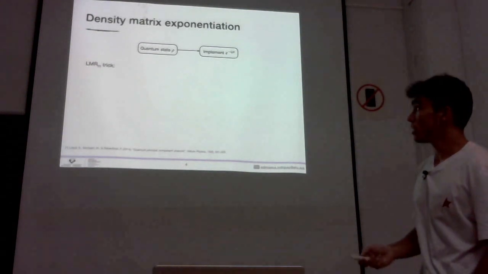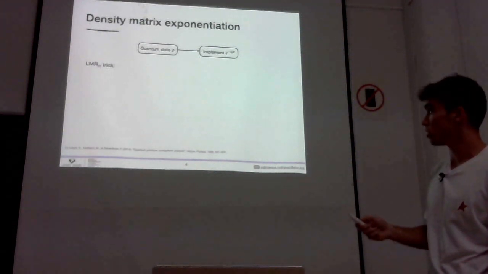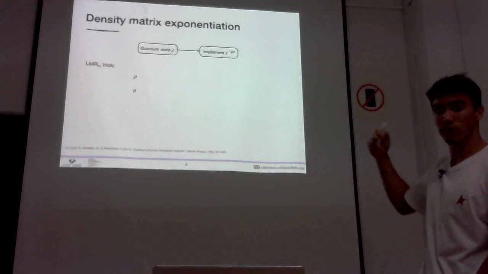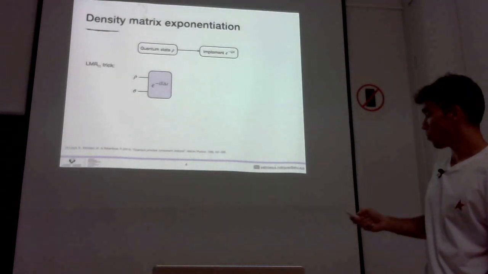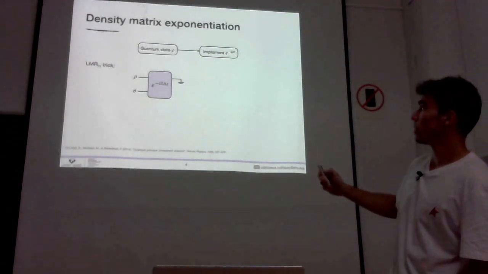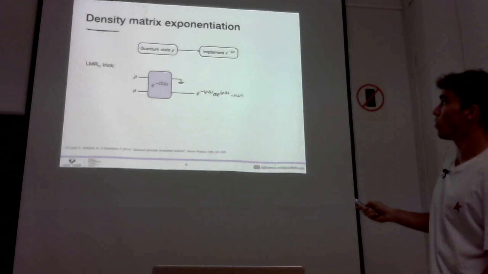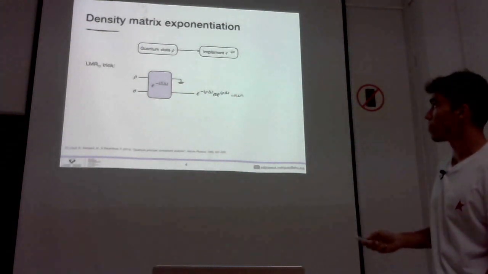To do this, the LMR trick was proposed in this paper by Lloyd, Mohseni, and Rebentrost. And the idea is, I have this rho, I have some reference state sigma, I apply this unitary operation where this S is the swap operation, then I trace out the first register, and what I have in this second register is this desired operation, this desired evolution, up to second order in delta t.